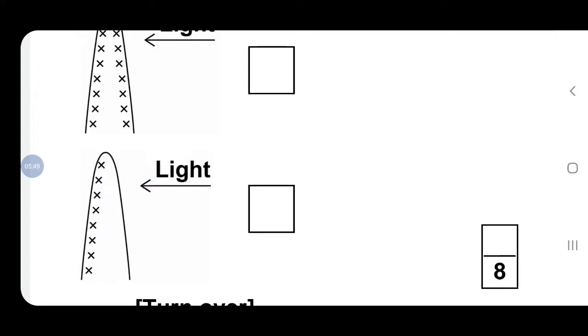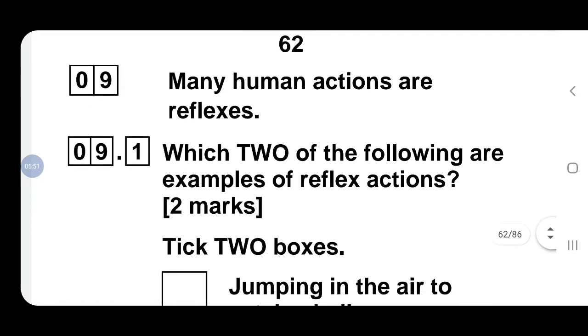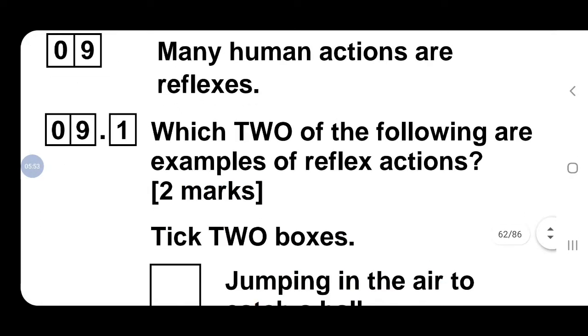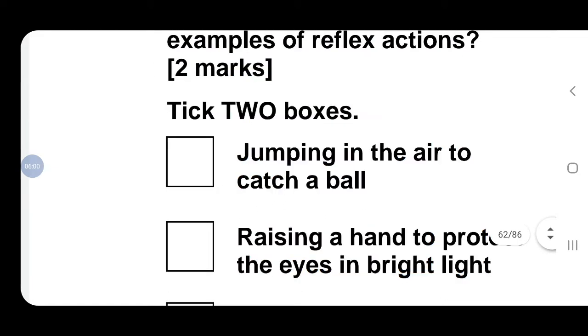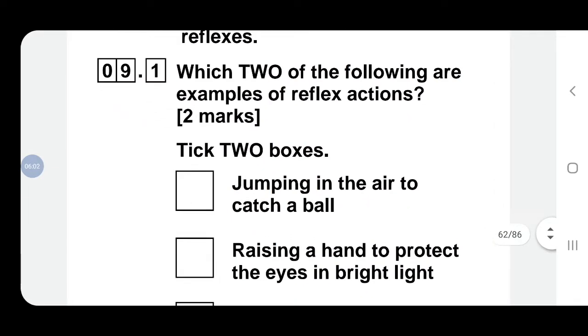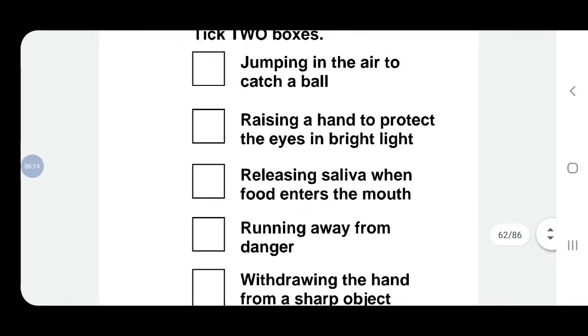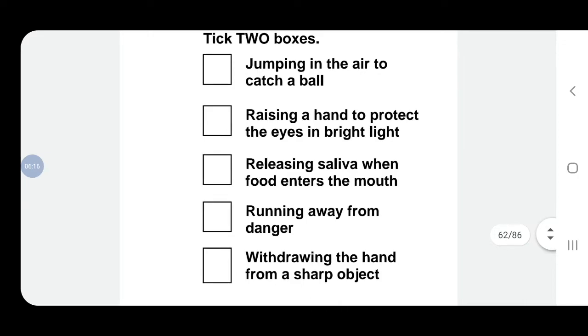All right, next one. Many human actions are reflexes. Which two of the following are examples of reflex action? Jump in the air to catch a ball, raising a hand to protect the eyes in bright light, running away from danger, withdrawing the hand from a sharp object, releasing saliva when food enters the mouth. You need to choose two.